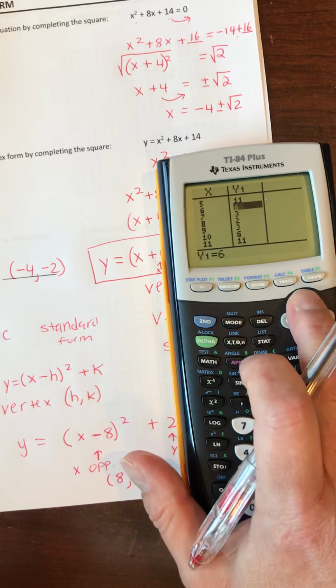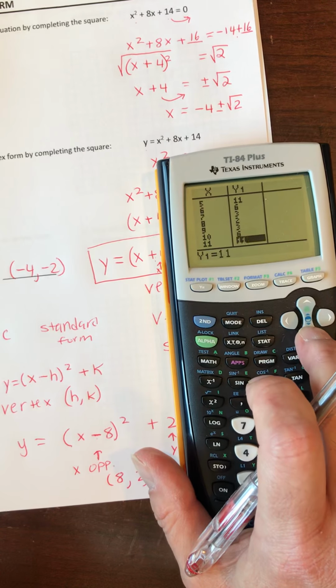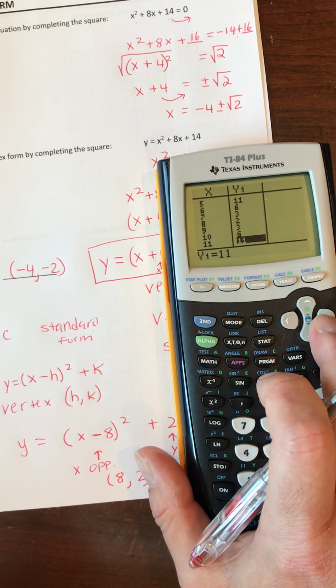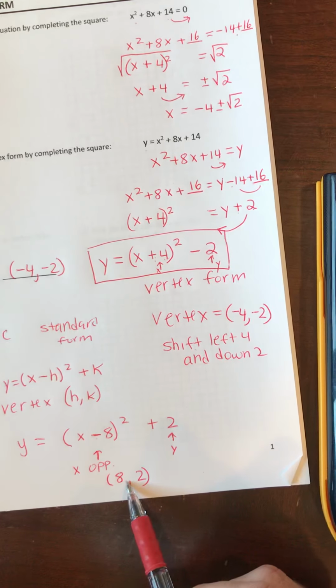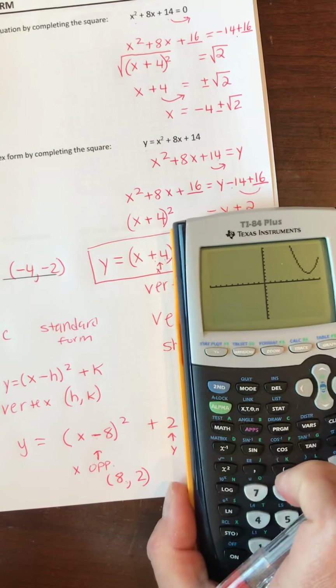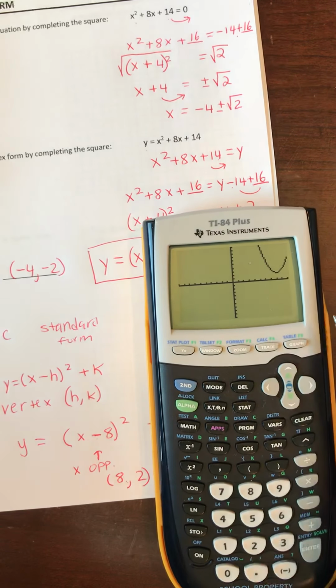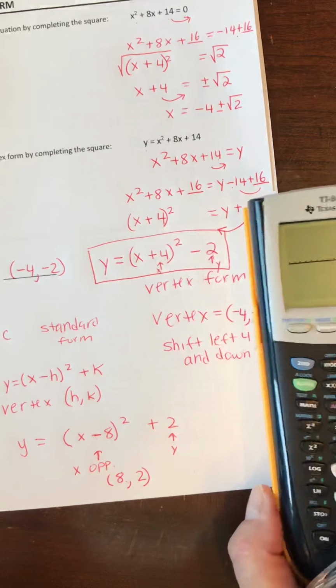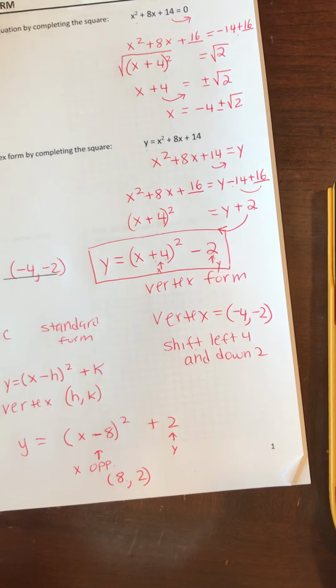It goes 11, 6, 3, 2, back to 3, back to 6, back to 11. So this vertex represents the shift. If you look at my parabola, it shifted to the right 8 and up 2. I'm going to stop this video and do question number 2 in a separate video.